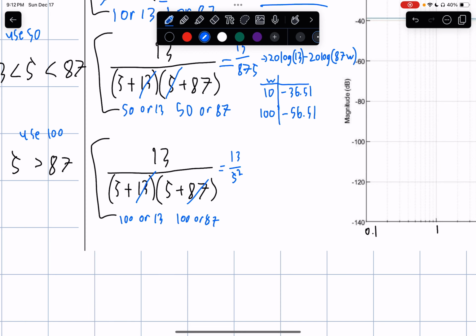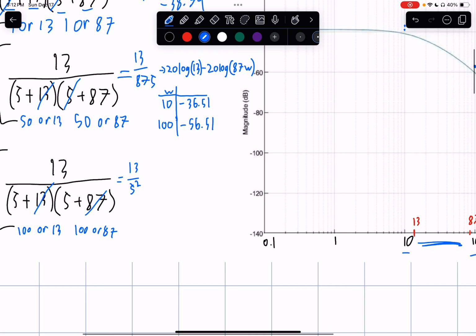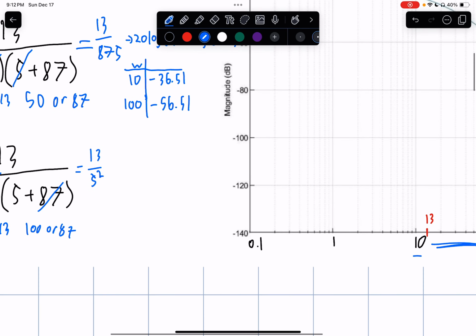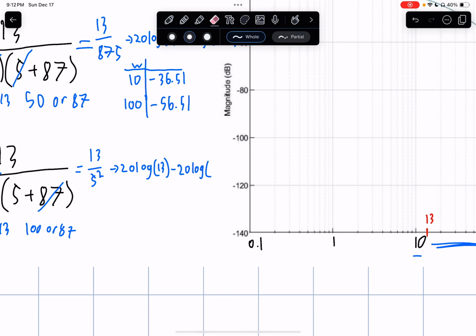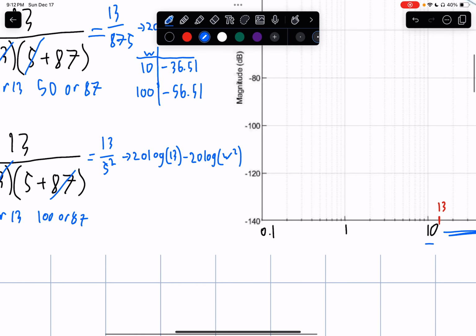And if the s is squared, no worries with that. You'll do the same thing as the previous one, where you just move that into a w in the equation. And if it's squared, the square comes with it. So it's going to be 20 log of 13 minus 20 log of w squared.